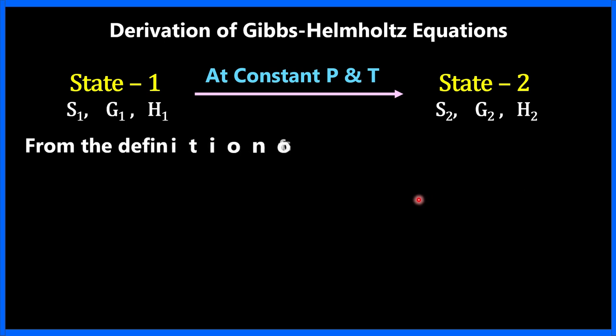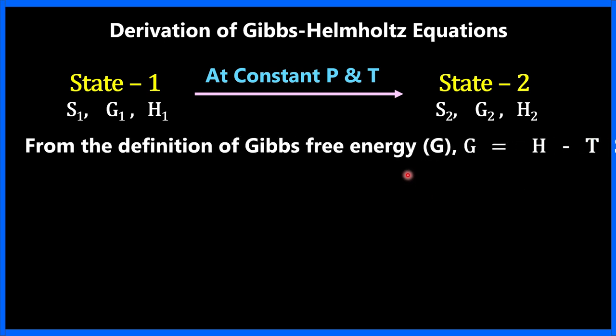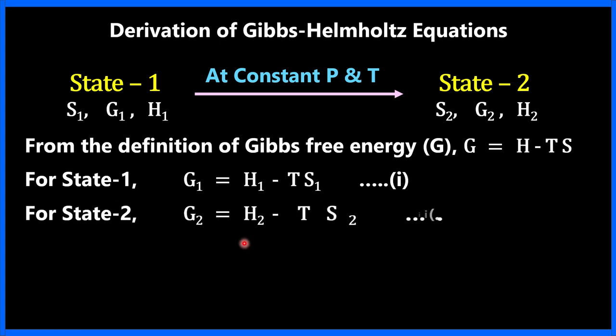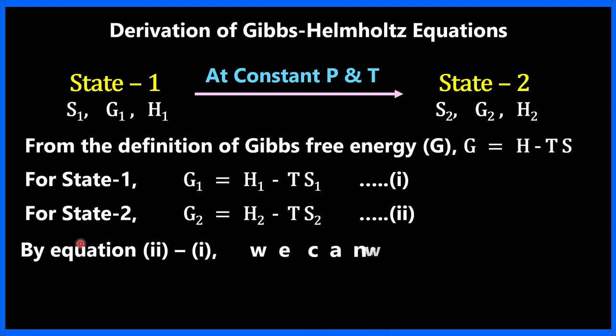From the definition of Gibbs free energy G, we know that G is equal to H minus TS. Therefore, for state 1, G1 is equal to H1 minus TS1, equation 1, and for state 2, G2 should be H2 minus TS2, equation 2.